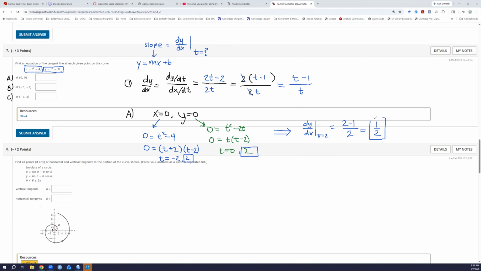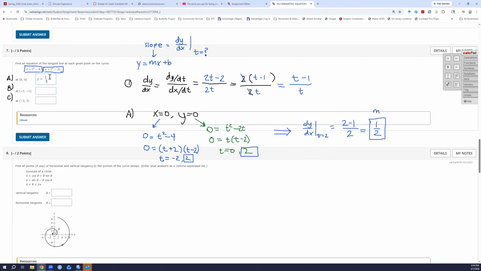So that should be our answer for this first slope, right? And what we can say is that the equation should be y equals mx plus b, and we now have m, right? Because this slope that we evaluated and found is 1/2, okay?